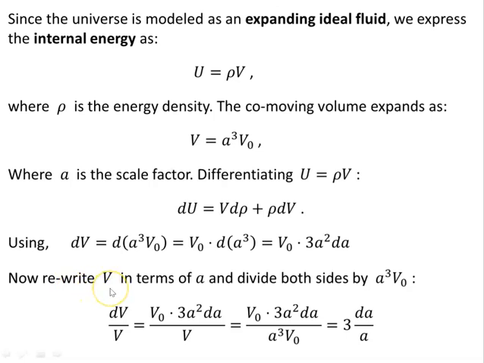Now rewrite V in terms of A and divide both sides by A cubed V0. So dV on V: the V0s will cancel, the A squared will cancel, and we're left with 3 times dA on A, so that's dV on V.